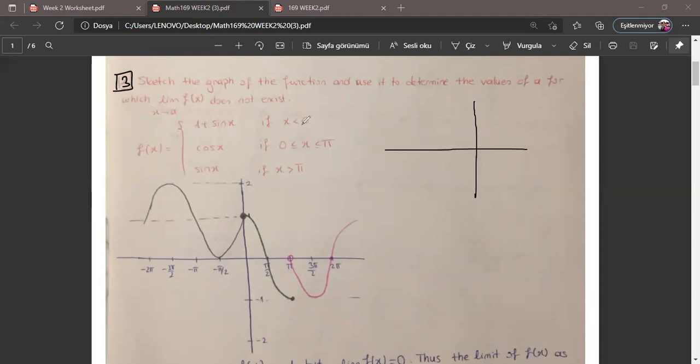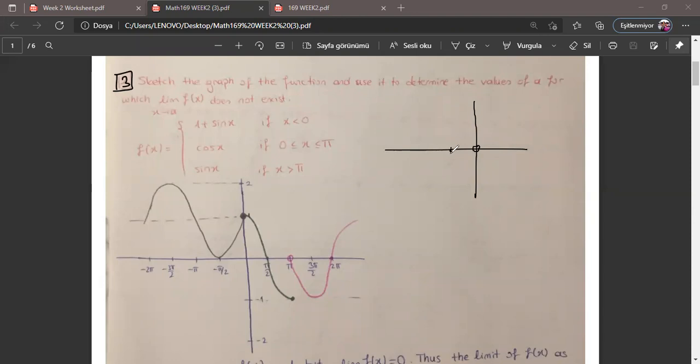So when x is less than 0, we need to sketch first sine of x, then we need to shift it 1 unit upward. Okay, so we know when x equals 0, sine is 0. As we don't have equality there, we have this empty dot at 0.